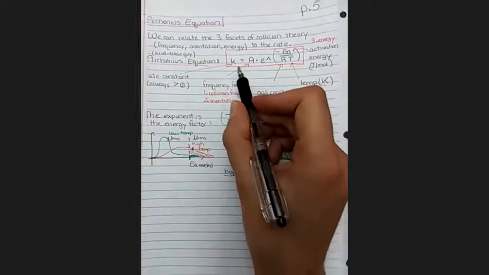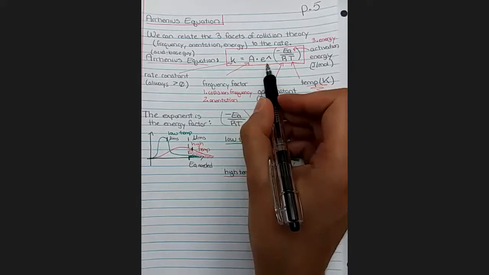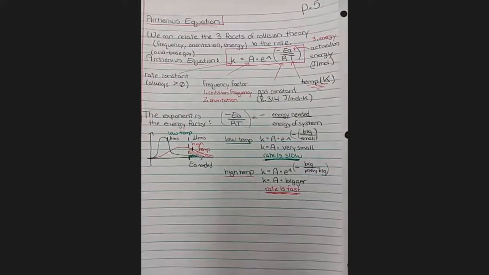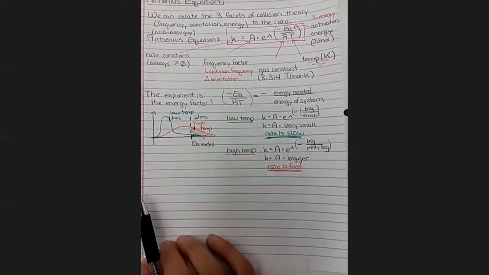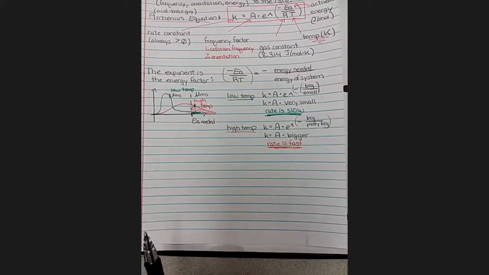So this is our Arrhenius equation. k equals A, the fudge factor, times e to the negative activation energy over gas constant times temperature. And you may remember how long we spent in the integrated rate law section of videos trying to linearize every possible equation.